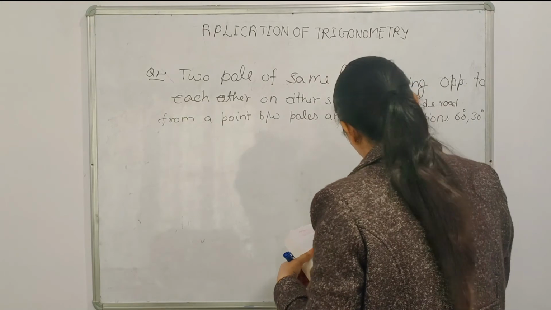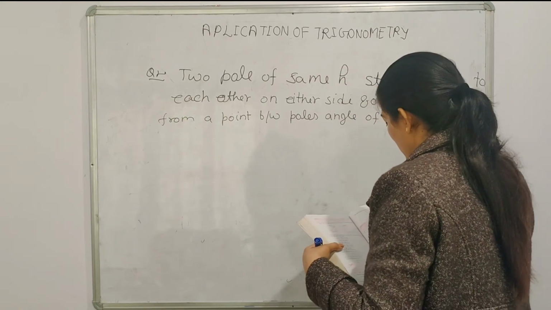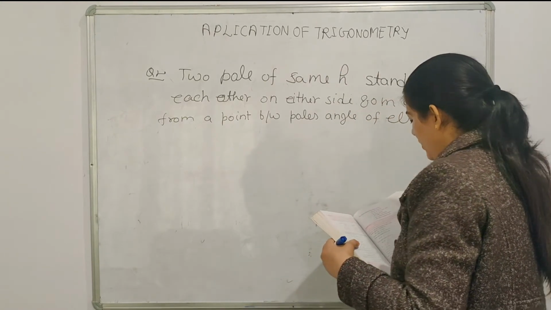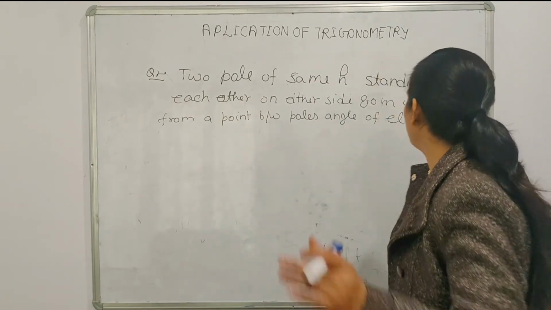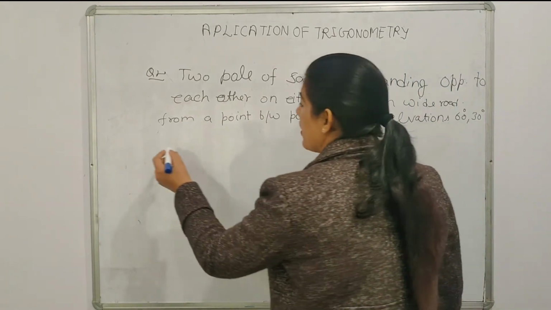Find the height of the pole and distance of the point from the poles. So we have to find the distance of the point from each of the poles.